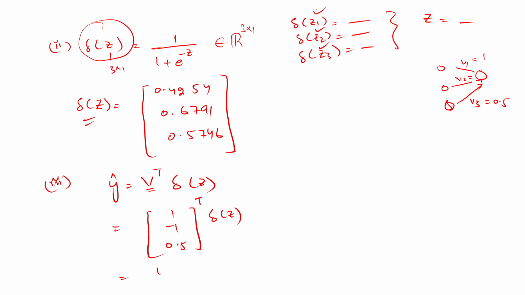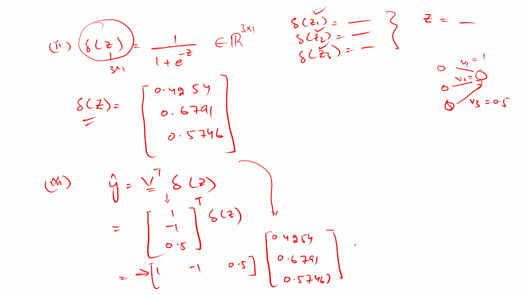So when I apply transpose to this, this column matrix will become a row matrix, and sigma z, which is activation, we can obtain from here: 0.4254, 0.6791, 0.5746.